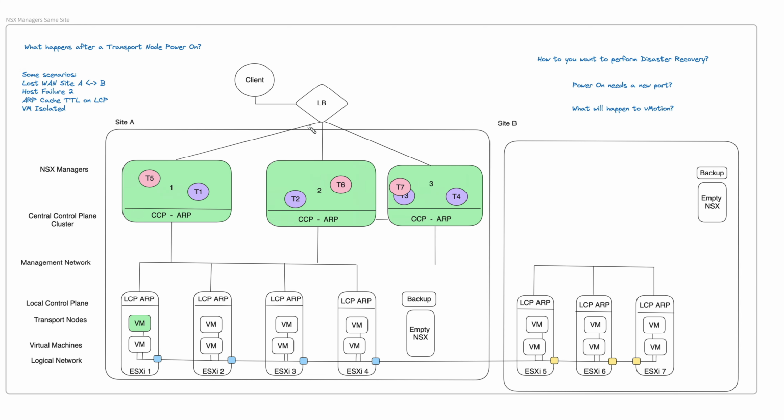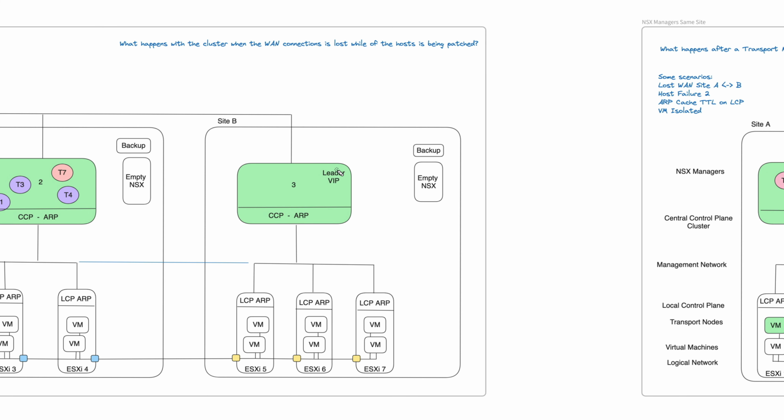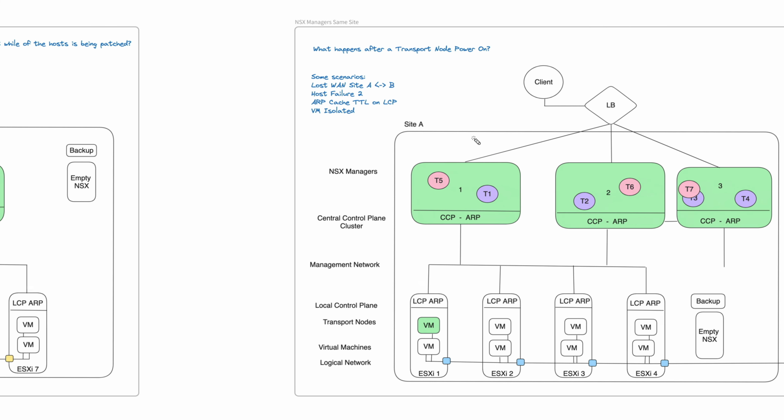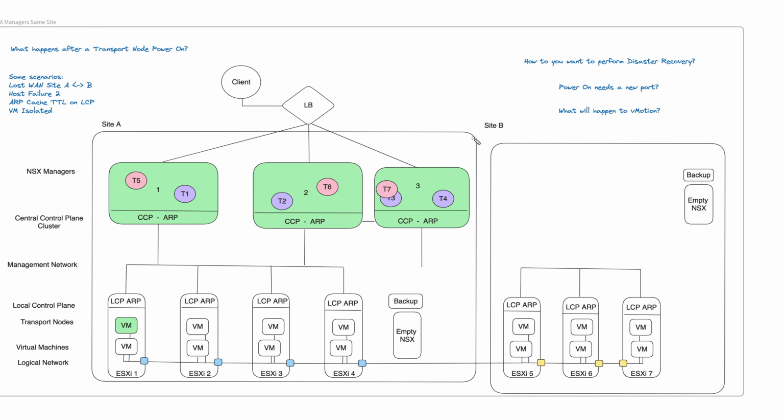So besides using this, which is free, I would go for AVI. If you are running AVI already, then this is a no-brainer. You're using it for your application. Why not using it for your most important application in your whole data center? So that's another thing you can do for availability, for disaster avoidance.